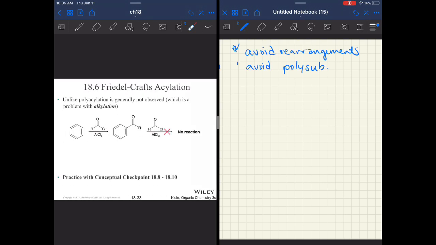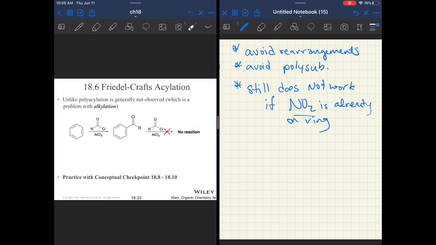And something to note, it still does not work if an NO2 is already on the ring. So that was not changed or fixed, right? Friedel-Crafts reactions will not occur if a nitro group is on the ring. Make sure that you note that. Now, in the next video, in part 3, we will discuss these substitution reactions on benzene rings that already have a group present.